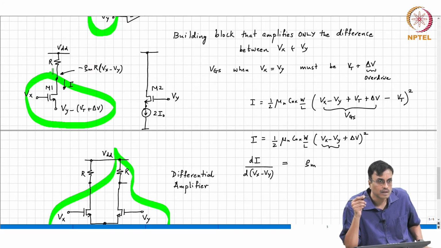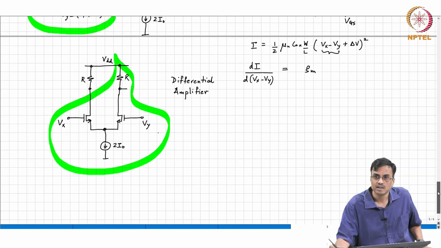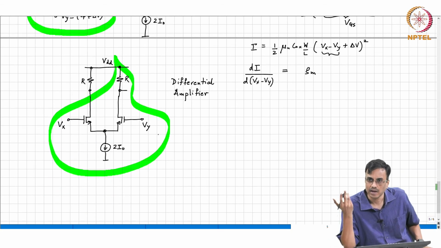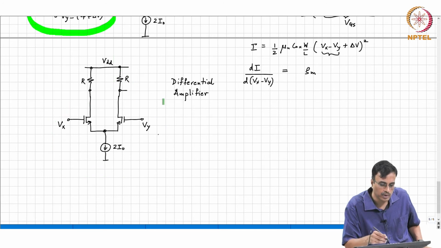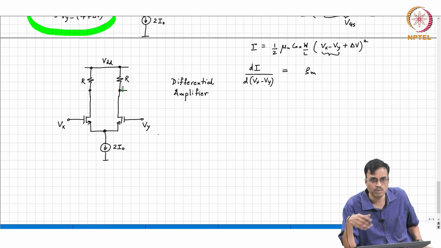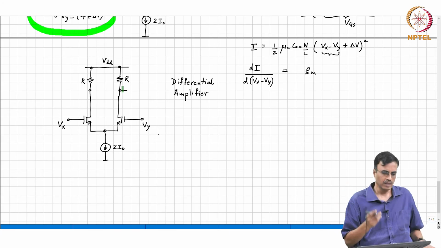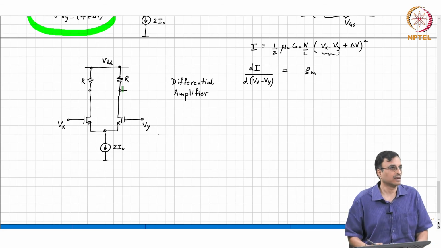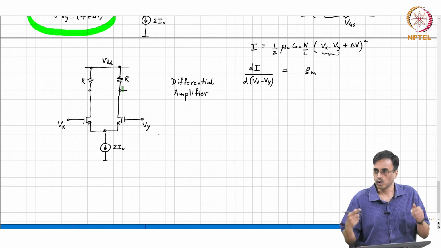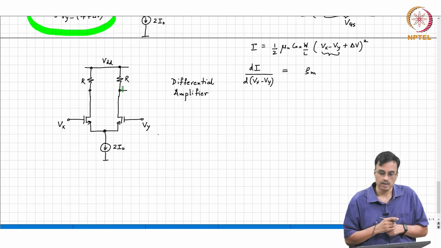Pardon? We are just interchanging x and y, correct? Do you understand? So, if you take the output at the drain on the right hand side, you will basically get something proportional to negative of Vy minus Vx, which is simply the inverted version of Vx minus Vy. Is this clear? So, that is the intuition behind how we are able to amplify only the difference between Vx and Vy, okay.